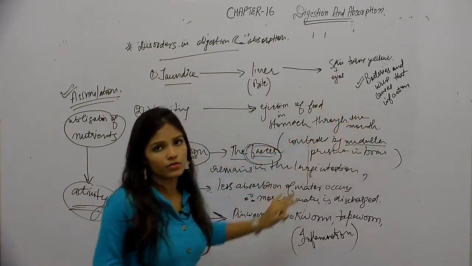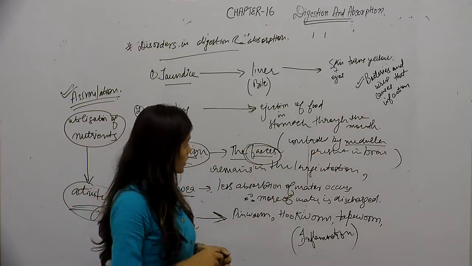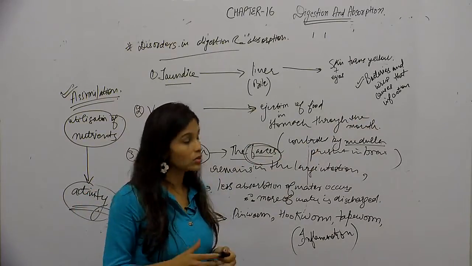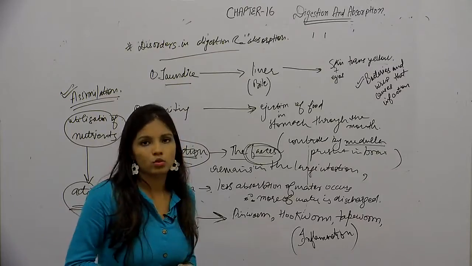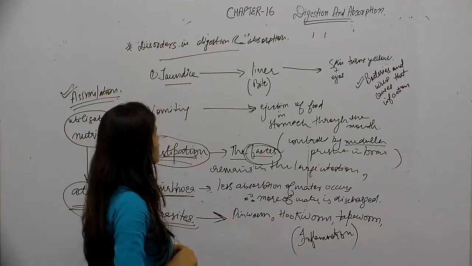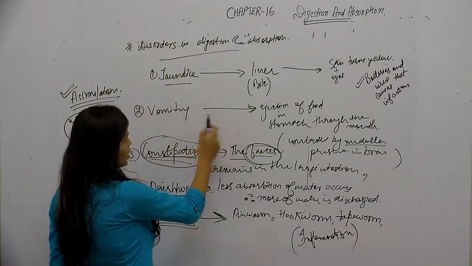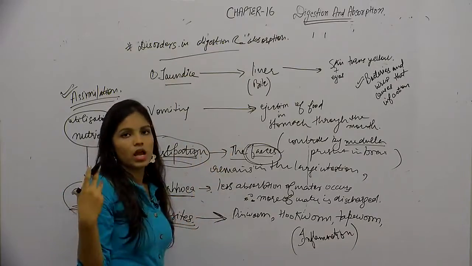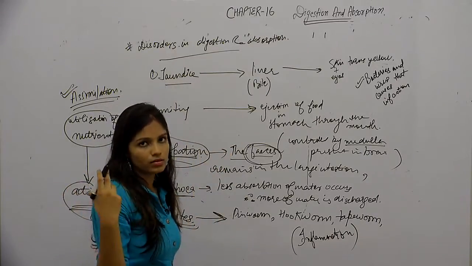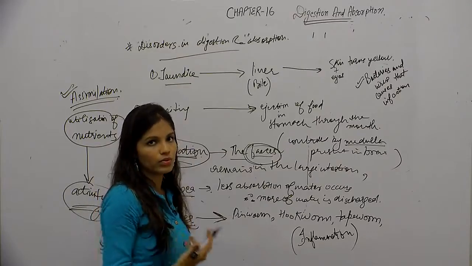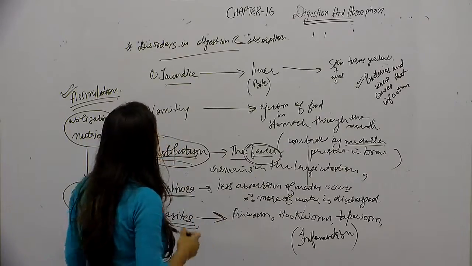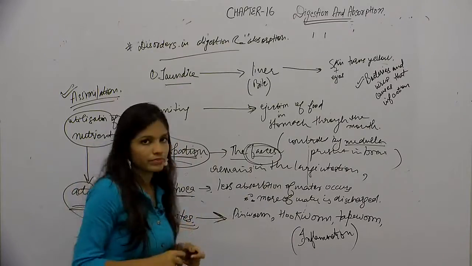It is very easy to remember things in biology this way because there is so much to learn. So try to make flowcharts for better understanding and better remembering of the topic. Thank you.